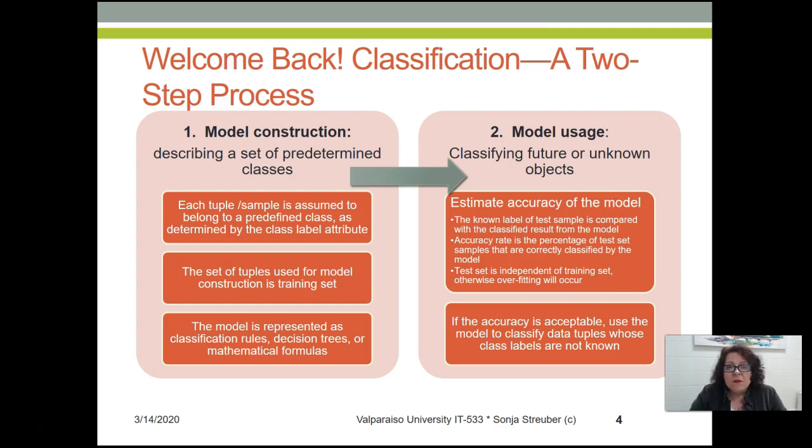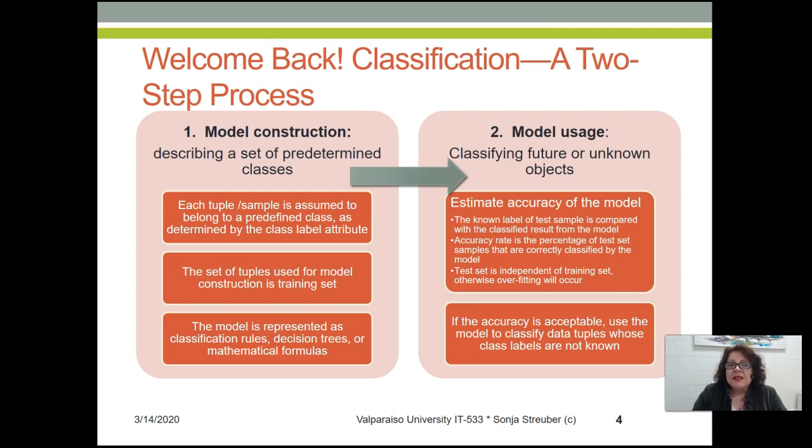Once we have built our model, that is, once we have built our tree or our forest, then we can start using it. Before we do that, though, the first really important step is to estimate the accuracy of that model. We estimate the accuracy of our model by applying the model that we have developed on the basis of the training set to the test set, and then check the accuracy rate either as a percentage or in the form of a confusion matrix, which we'll be looking at in a moment.